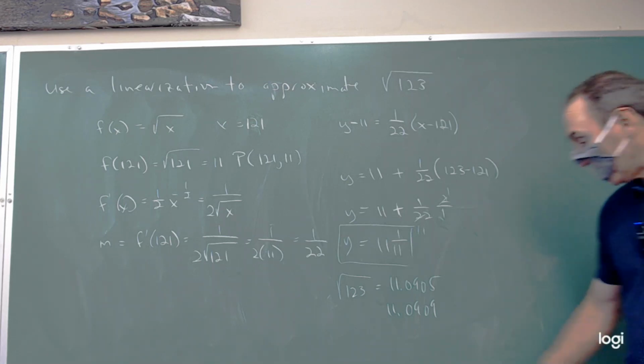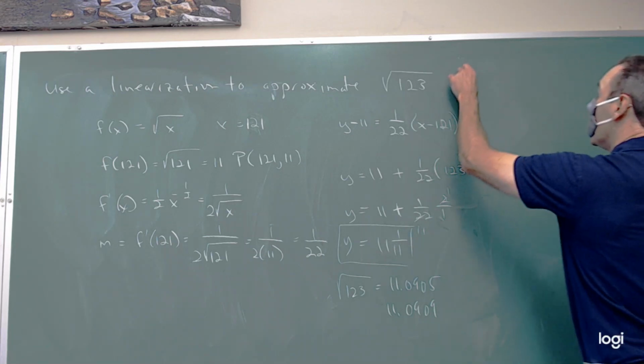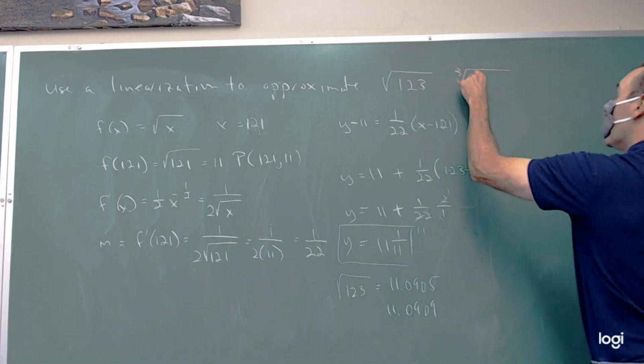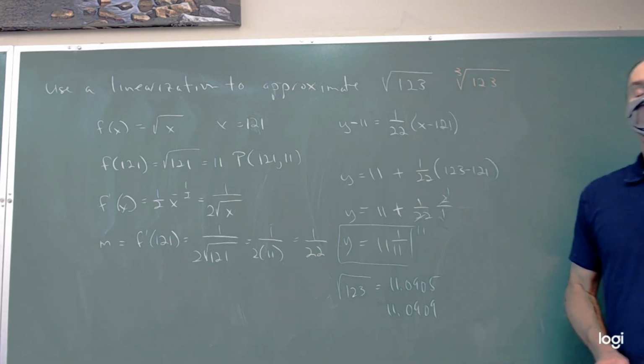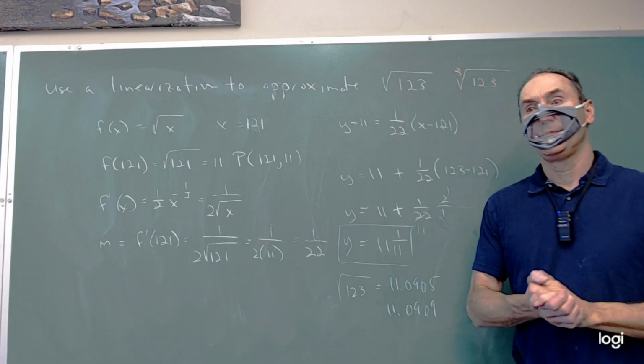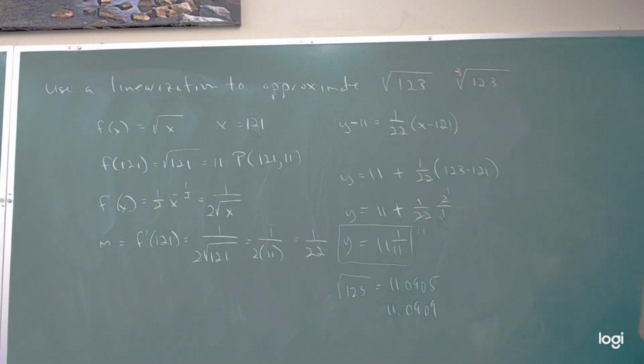All right, well, let's play the same game, and we'll change it to cube root of 123. Now we can come to the board because we have no excuses. So I'm going to pause it here.